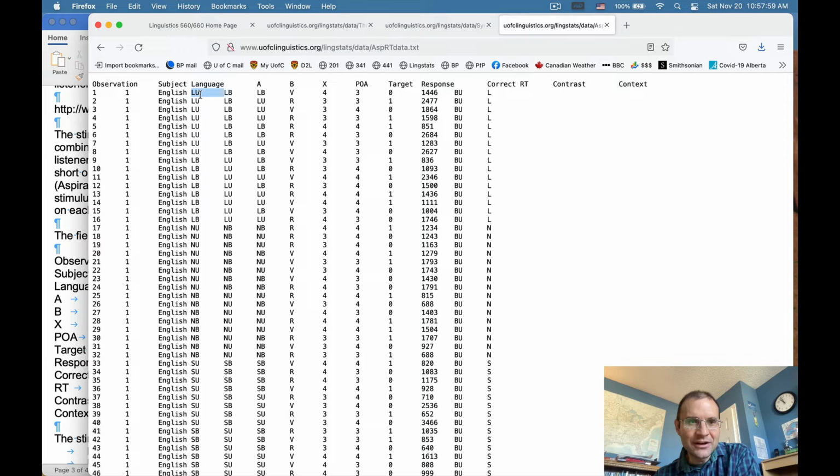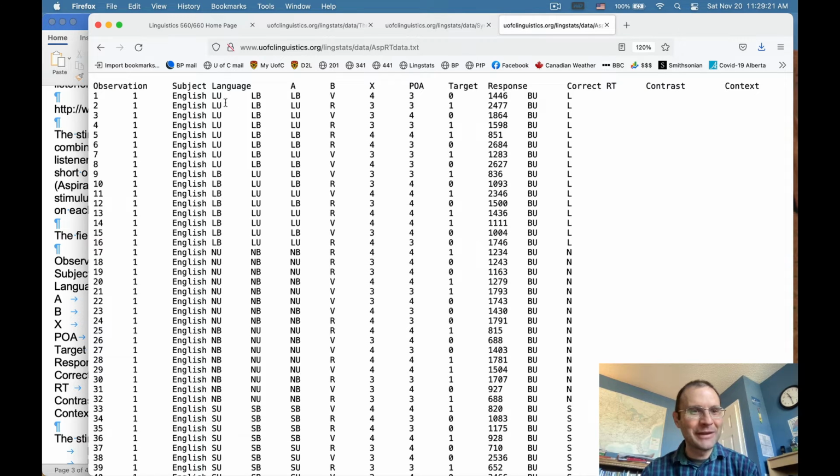This person is hearing long voicing in the closure phase of these stops. And in the first trial, they hear an unaspirated stop. In the second B stimulus, they hear a breathy voiced aspiration. And then the X stimulus, they hear breathy voiced aspiration. So they have to link up X with B in this particular case.